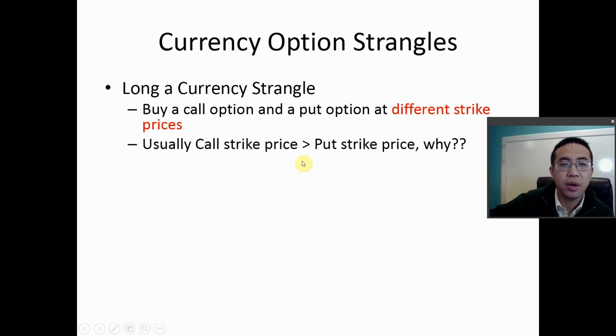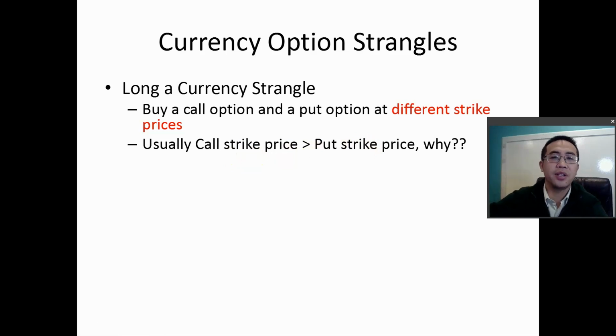So usually the call strike price is greater than the put strike price because a call option gives the right to buy and a put option gives the right to sell. So if you can buy at a higher strike, this basically tells that the price you pay to buy from a call option should be higher than the price you receive from selling in a put option.